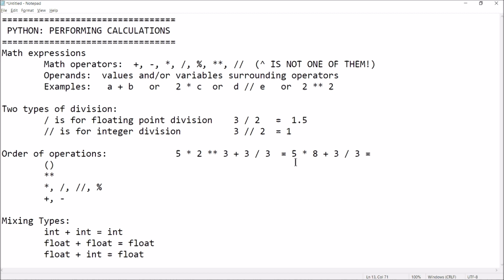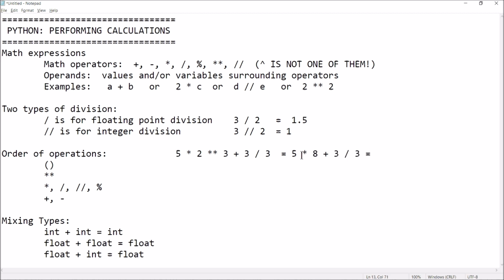Okay, now what fires? Well, now you can see that I've got multiplication and division, which both have a higher precedence than addition, right? But which one goes first? Well, these have left to right associativity, which means that if they're part of the same expression, you're going to go from left to right.